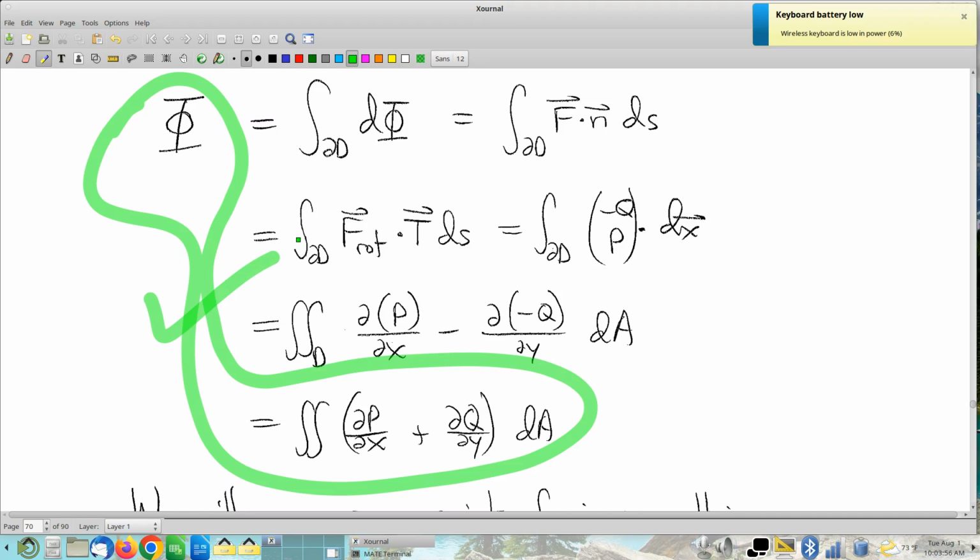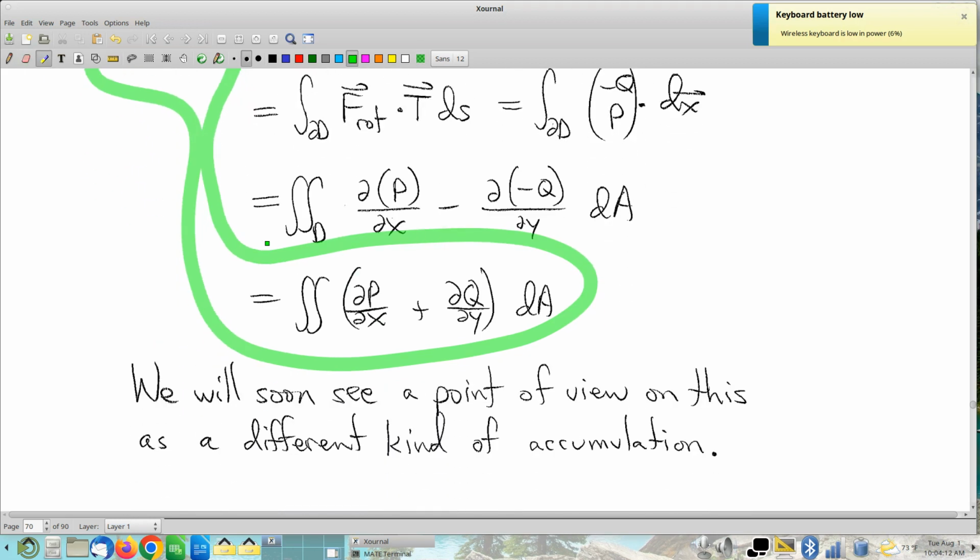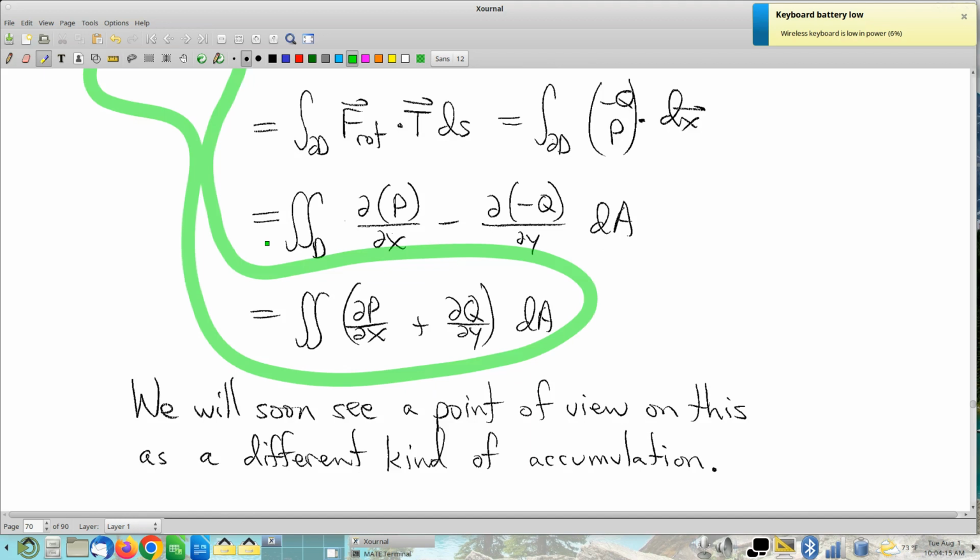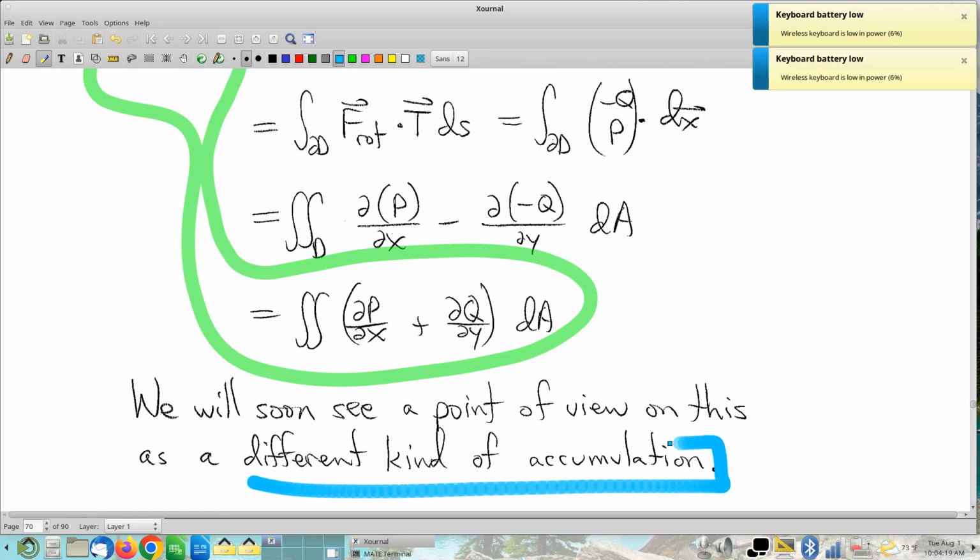And we're going to see the three-dimensional divergence theorem pretty soon. Probably tomorrow. We'll start with the three-dimensional divergence theorem. And this is just a two-dimensional version of it. Along those lines, now I've presented this theorem as a special case of Green's theorem, but it can also be thought of as its own accumulation theorem.